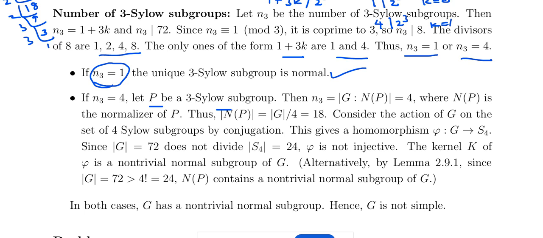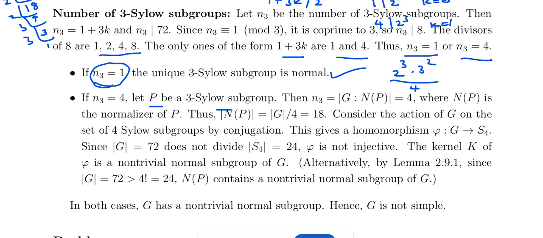Then the index of the normalizer N of P in G is order of G by order of N of P. Order of G is here 2 cube into 3 square. Since n3 is 4, the index is 4.